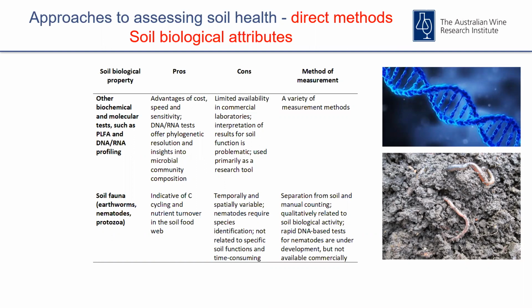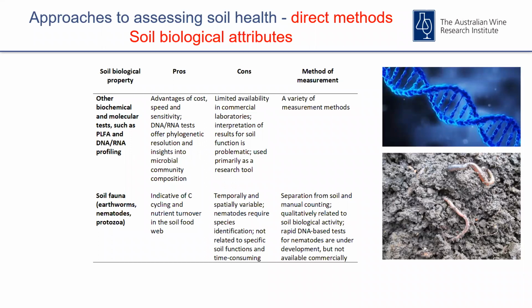One thing about mycorrhiza, however, is that they do tend to be suppressed if you've got too much available phosphorus, for example, or too much mineral nitrogen in the soil. So they tend to thrive better in soils that are not oversupplied with phosphorus or mineral nitrogen.